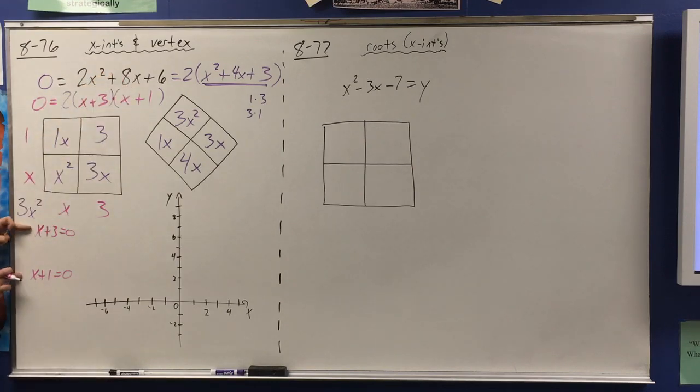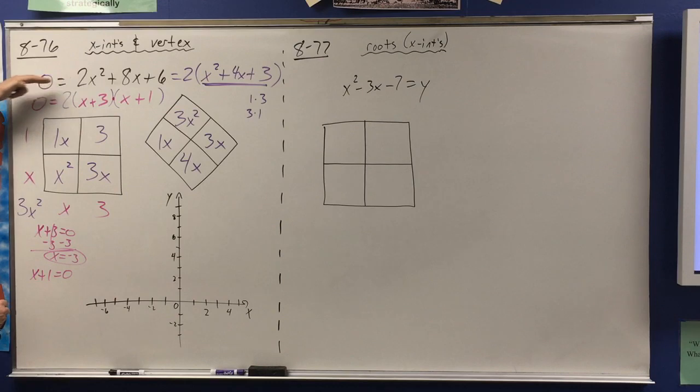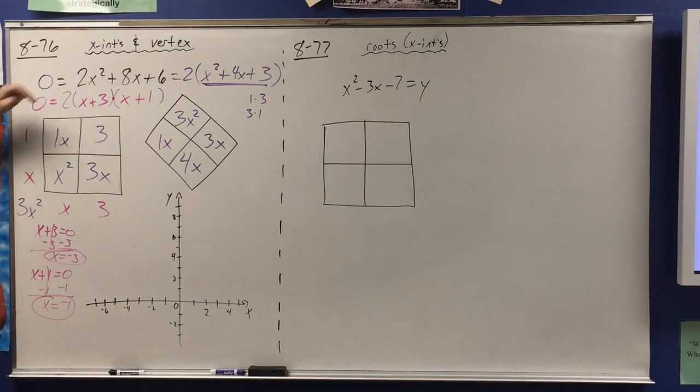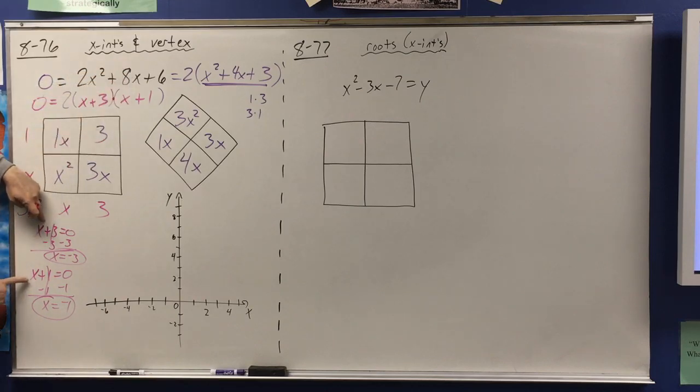And what that means is I got two little baby problems I need to solve, and then I will know what will make this original equation 0. So I just solved these two little baby equations. Whatever the factors are, whatever those things in parentheses are, you're going to set each of those equal to 0 and solve, and then you'll have your answers.